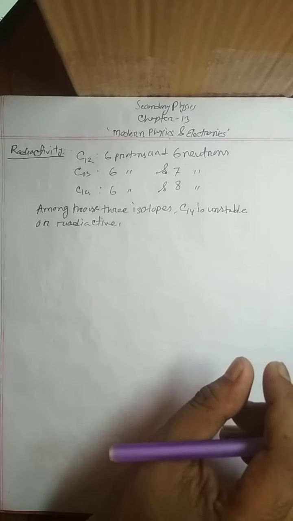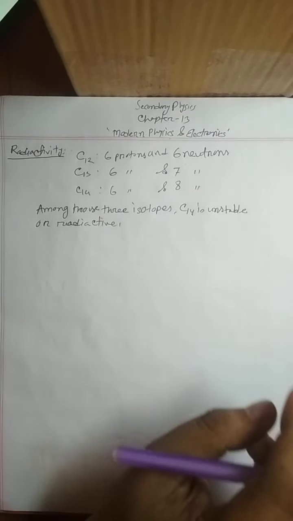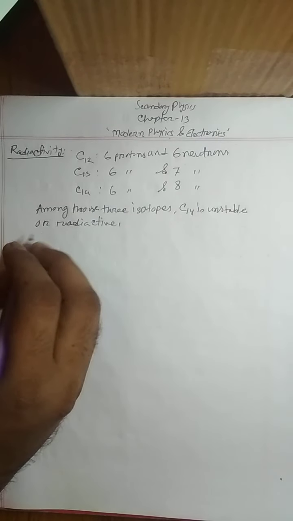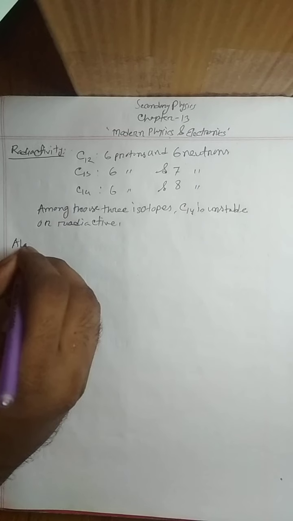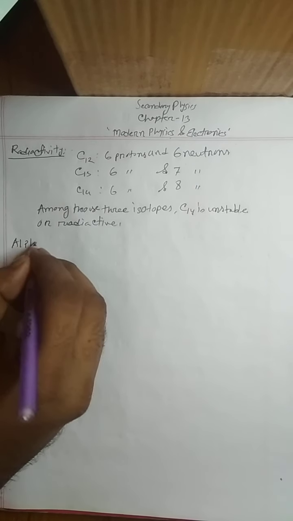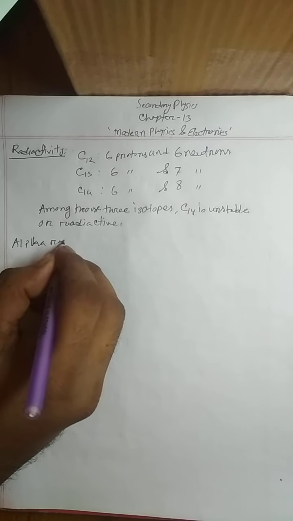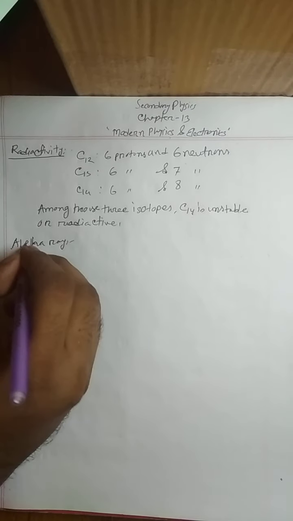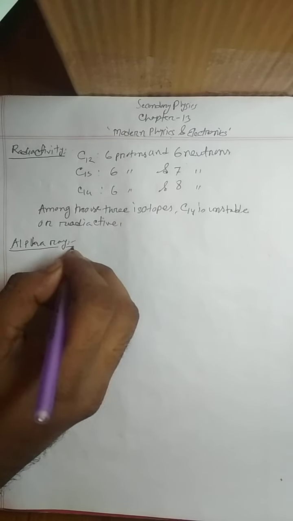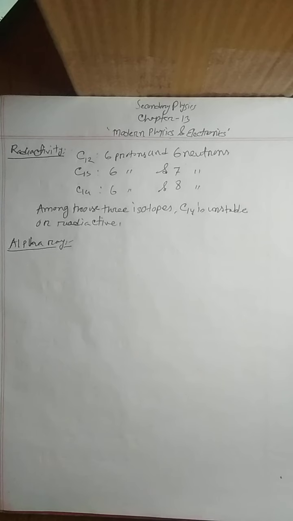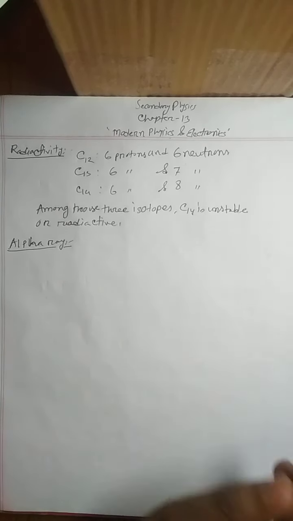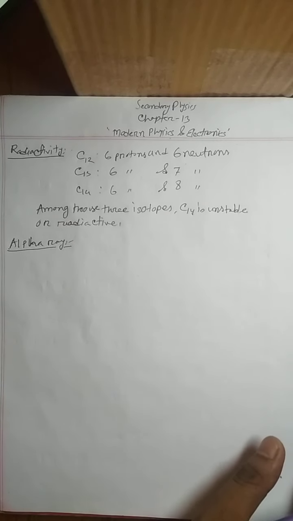So now we will discuss the types of radioactive rays. First, the alpha ray. An alpha ray or alpha particle is actually a helium nucleus.